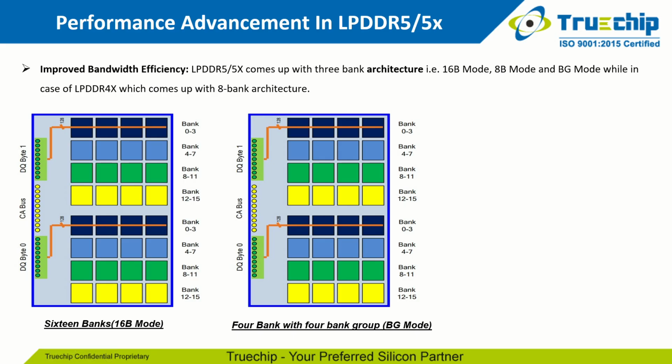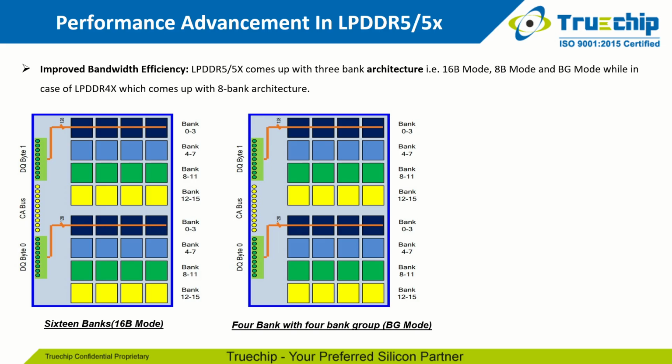It supports a maximum data rate of 6400 Mbps. Only the bank group mode can support BL32, which is burst length 32, in an interleaving fashion in case of 4:1 WCK to CK ratio. Now you can see on the diagram how the architecture of bank group mode is designed.